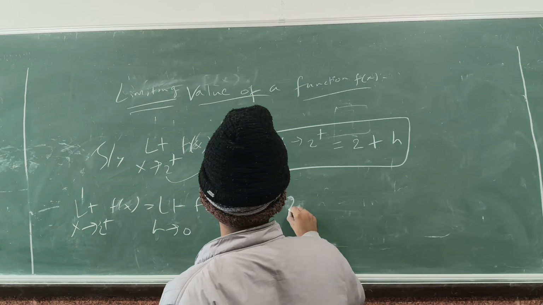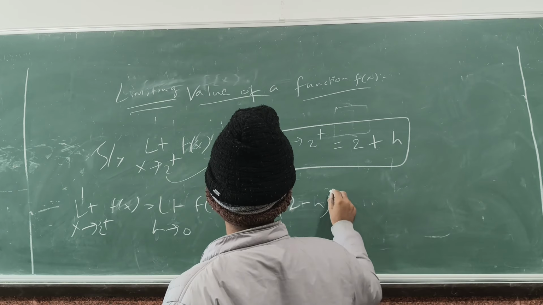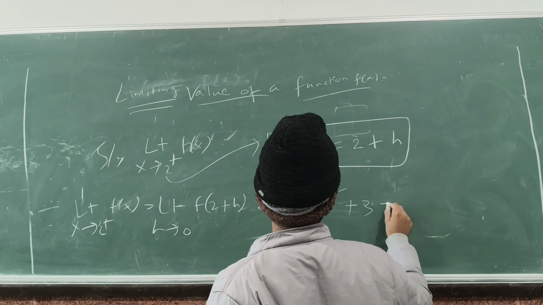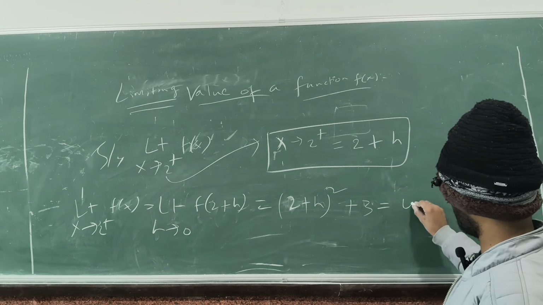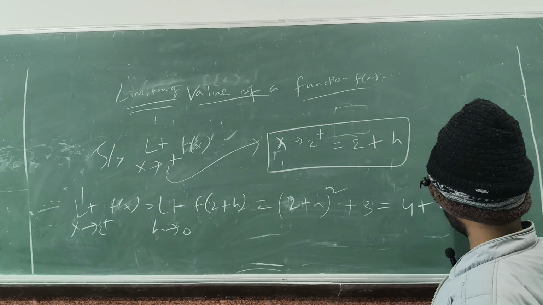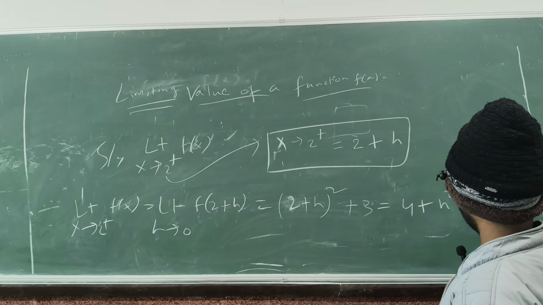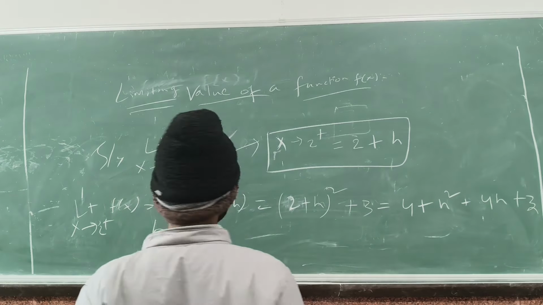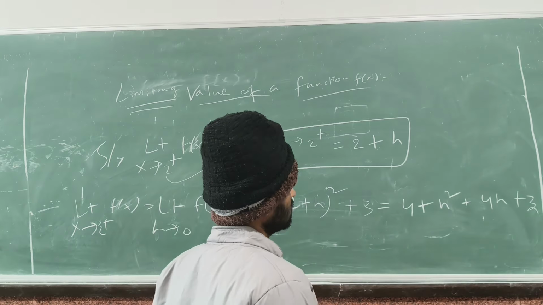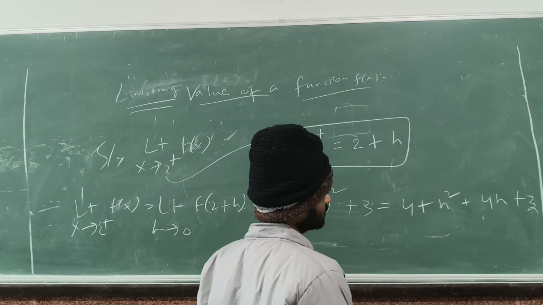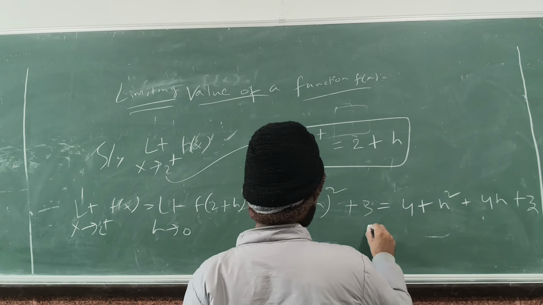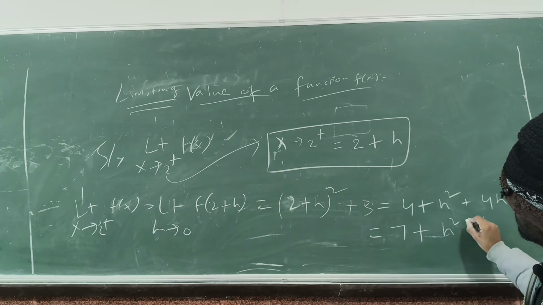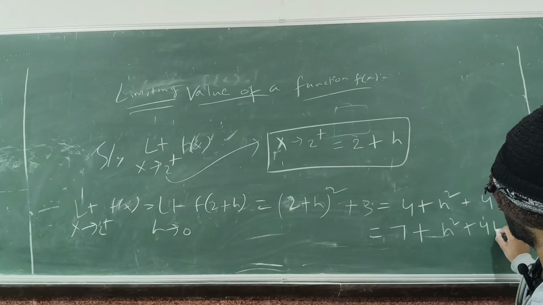Substitute into f of x: 2 plus h whole square plus 3, which is 4 plus h square plus 4h plus 3. 4 plus 3 is 7, so this is 7 plus h square plus 4h.